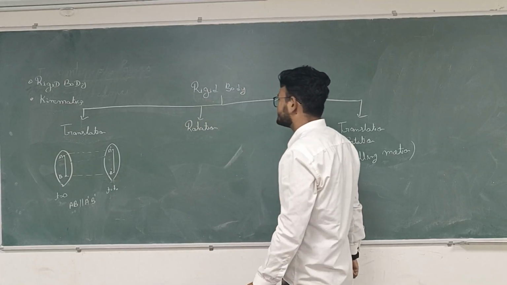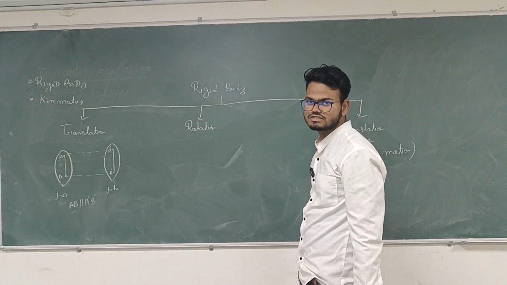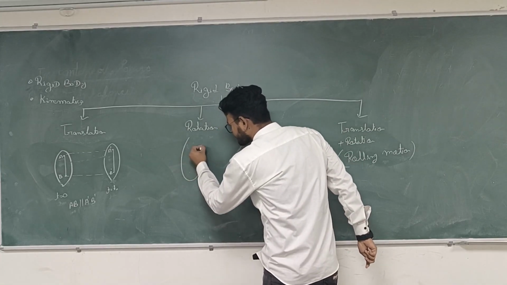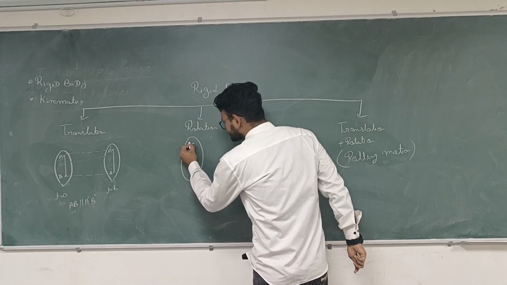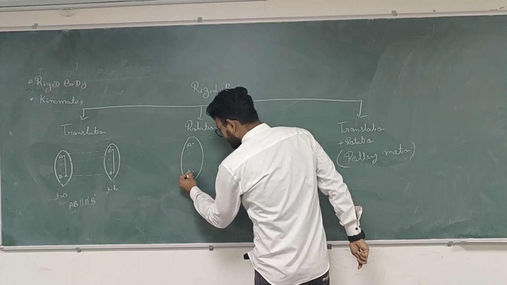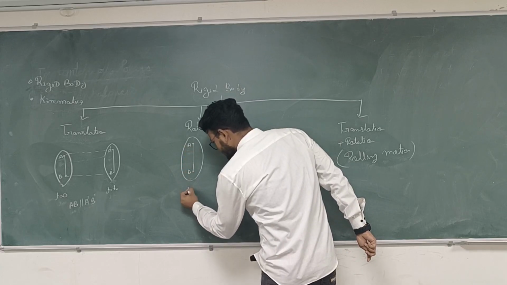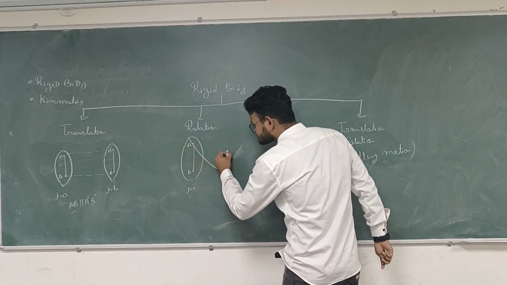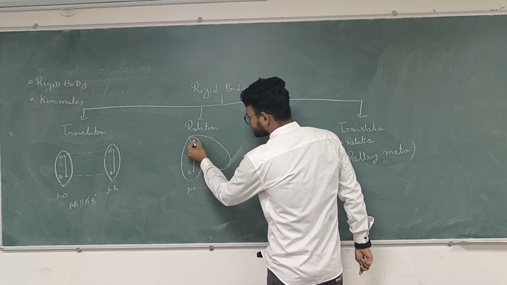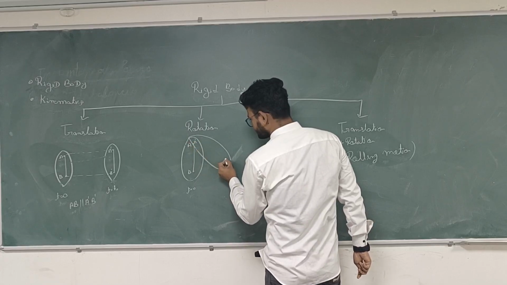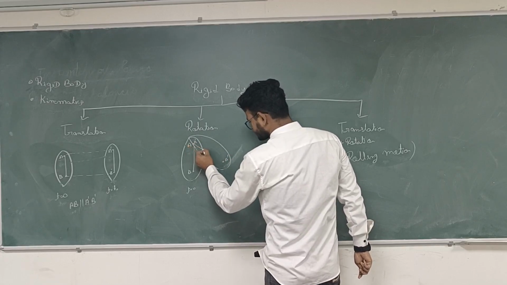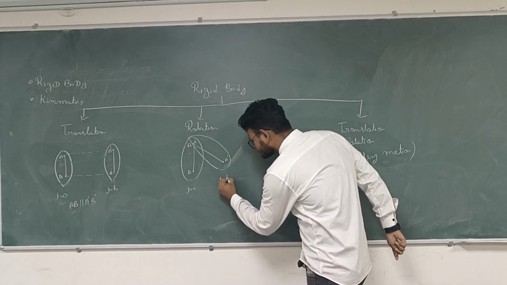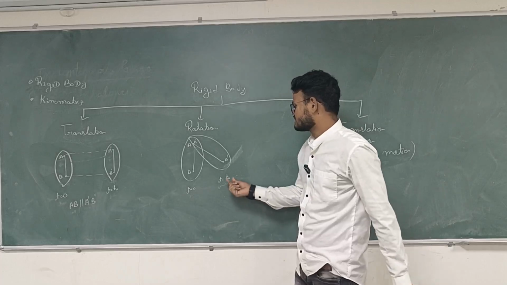And now let's talk about the rotation motion. In a rotation, let's suppose this is the situation at t equals 0, and this is the situation at t equals t naught.